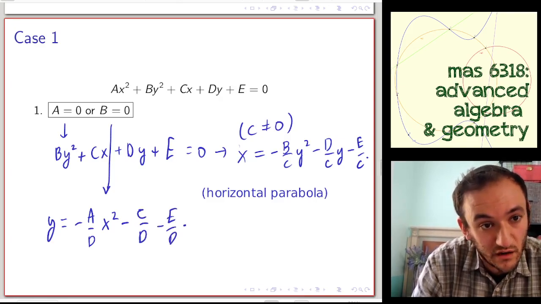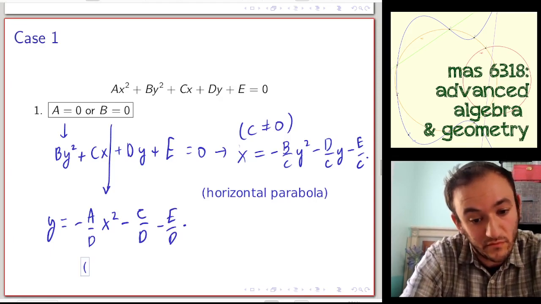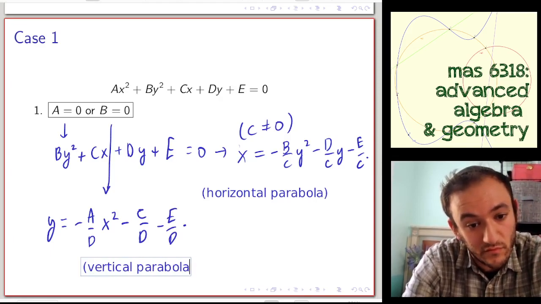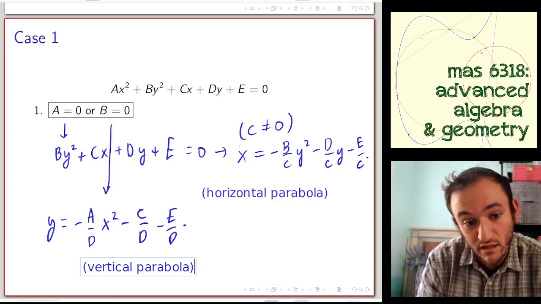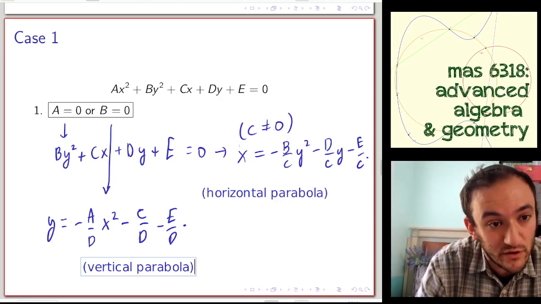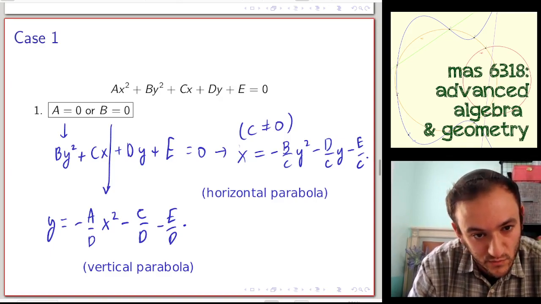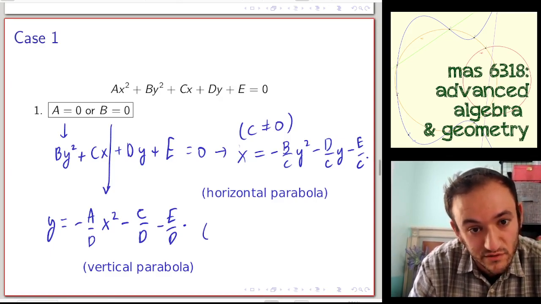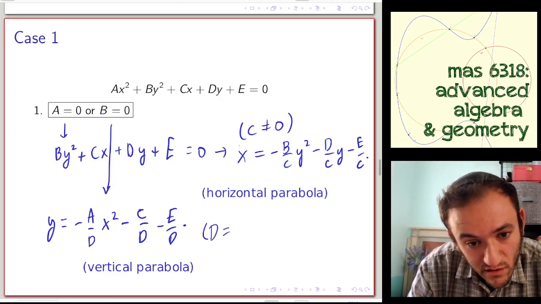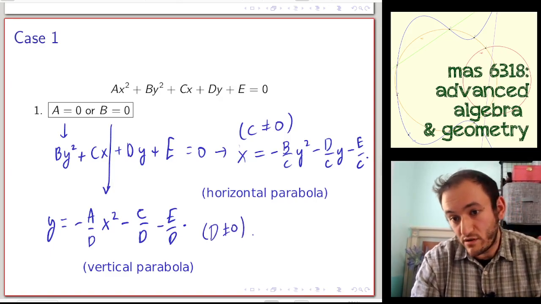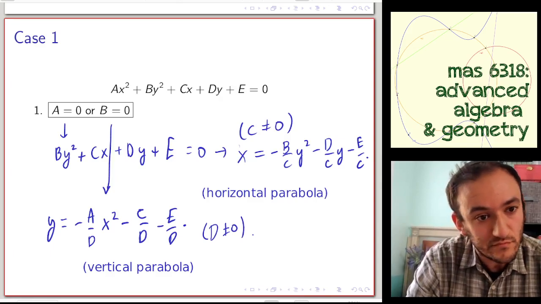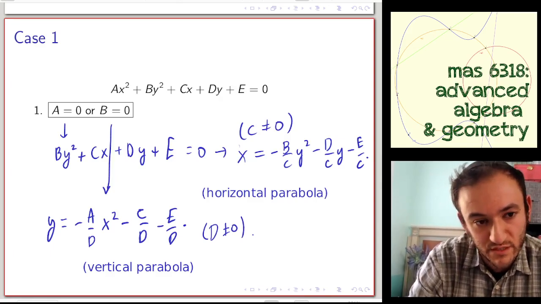And this would be our vertical parabola. So we've seen case 1 where a or b is 0 and c is not 0, and in this case we'll need to assume that d is not 0. We get a horizontal or vertical parabola. Okay, great. So that's one case.